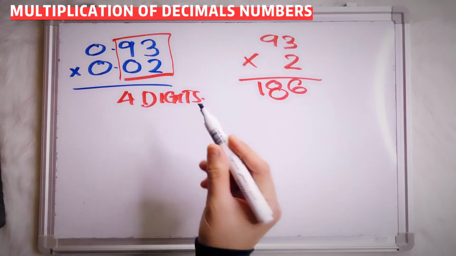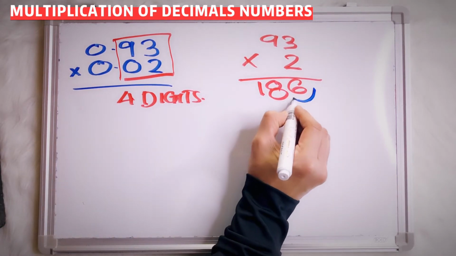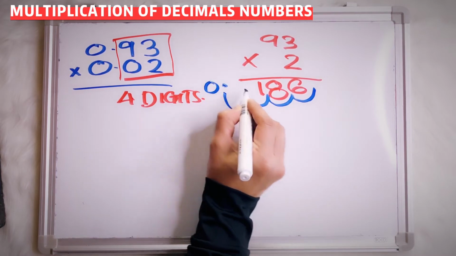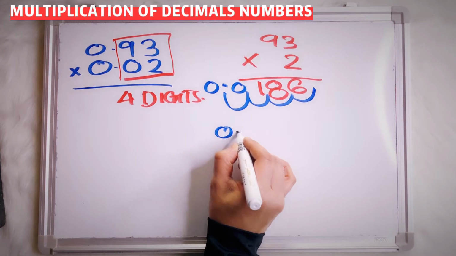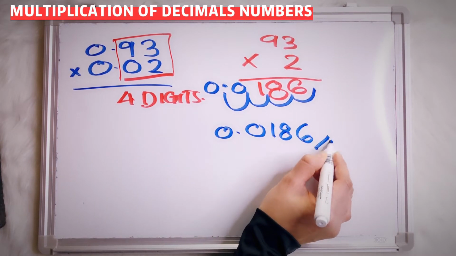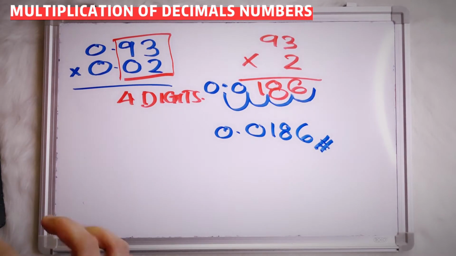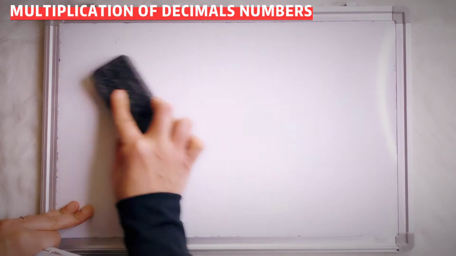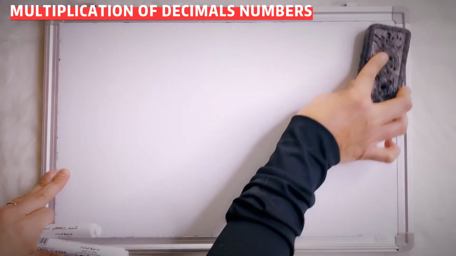How many digits do we have? 4. 1, 2, 3, 4. Your answer will be 0.0186. Easy, right? So you can settle all these questions very fast.